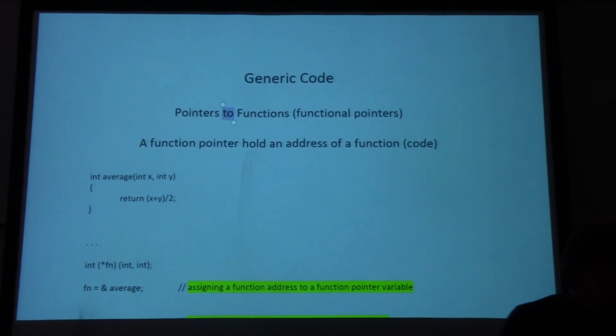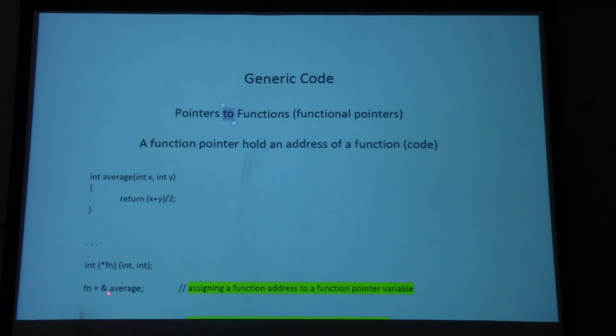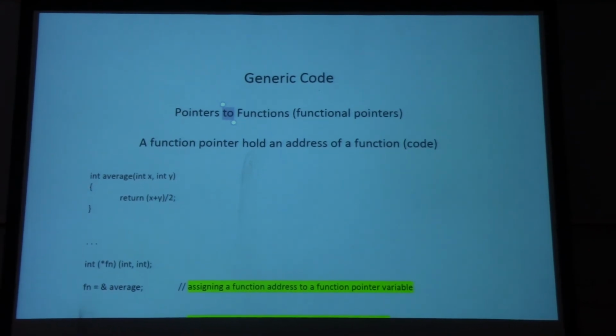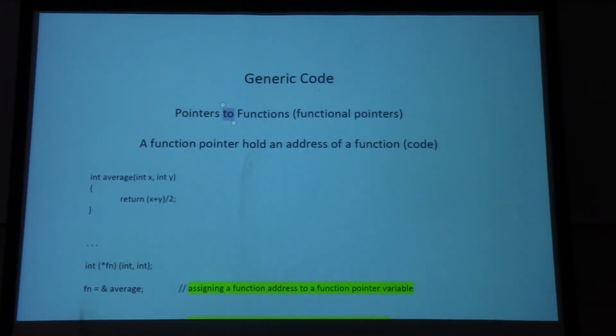If I use parentheses, I'm calling the function. If I use the function name only with an ampersand in front of it, it's the address of the function. What type is ampersand average? That is a pointer to a function that takes two ints and returns an int.